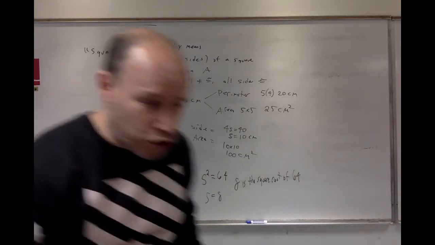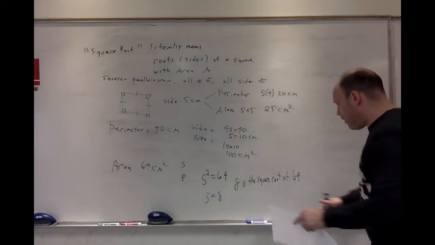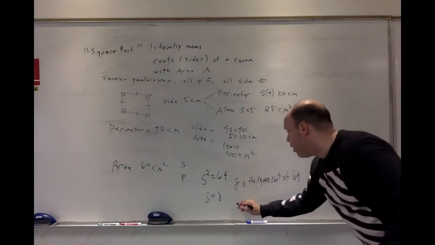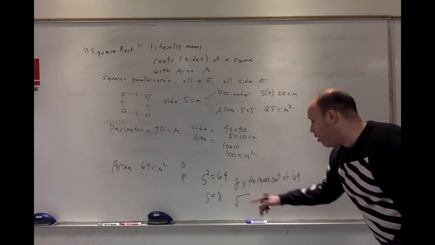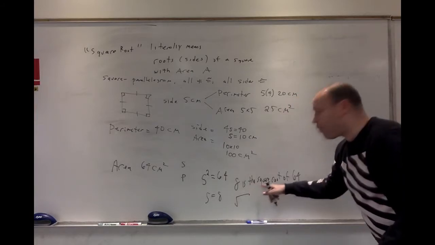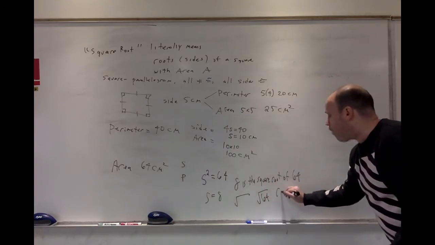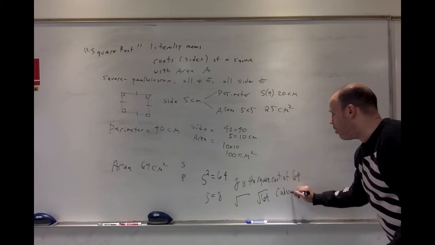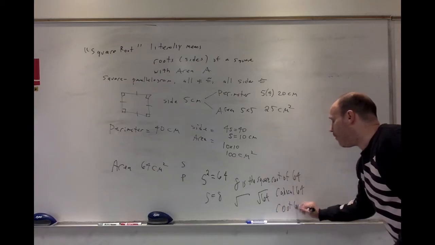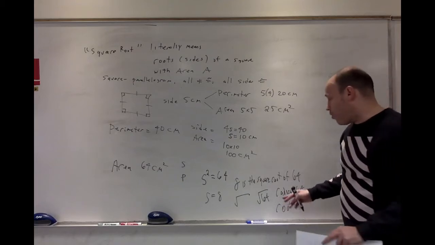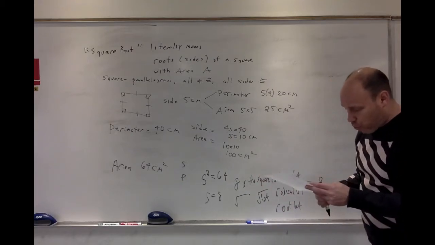As for notation, this is the notation for square root of 64. You might see radical 64. You might see the notation root 64. All of these are equal to 8, and that's the idea of the square root.